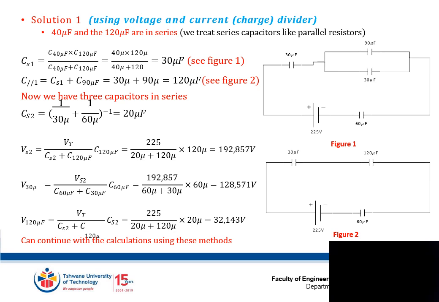Then once we have this total voltage 32.143 for 120, it will be equal to the voltage of 30, also equals to the voltage of 90 microfarads. Then from there, where did we get this 30? We got it from the 40 and the 120. So it means that your total voltage there is 32.143. Then you apply the voltage divider again to get the voltage of 40 and 120.